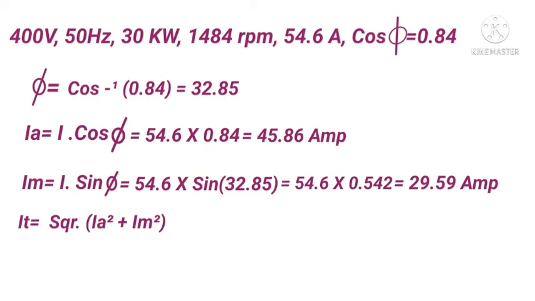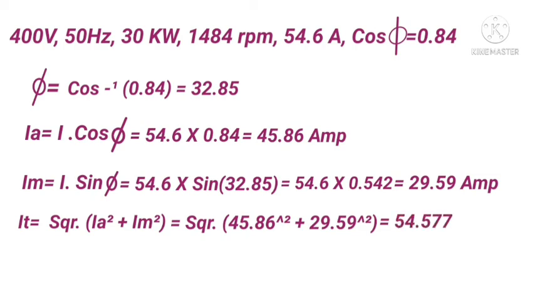So let's put the values in IA and IM. IT is equal to square root of IA, which is 45.86 square, plus IM, which is 29.59 square. Here it comes, 54.577, or we can say that this is 54.6 ampere.